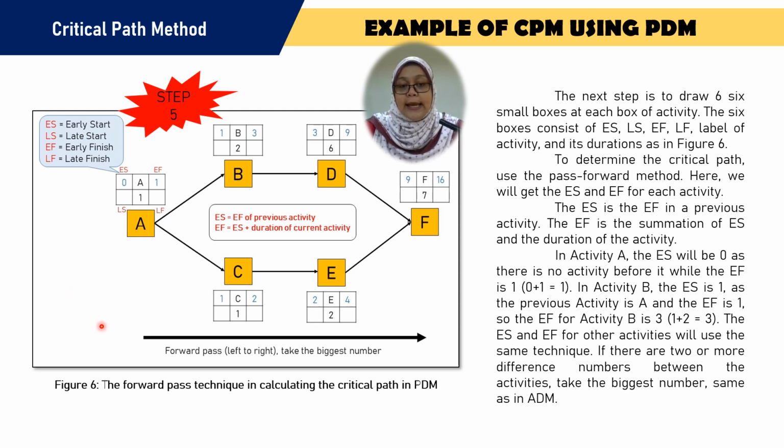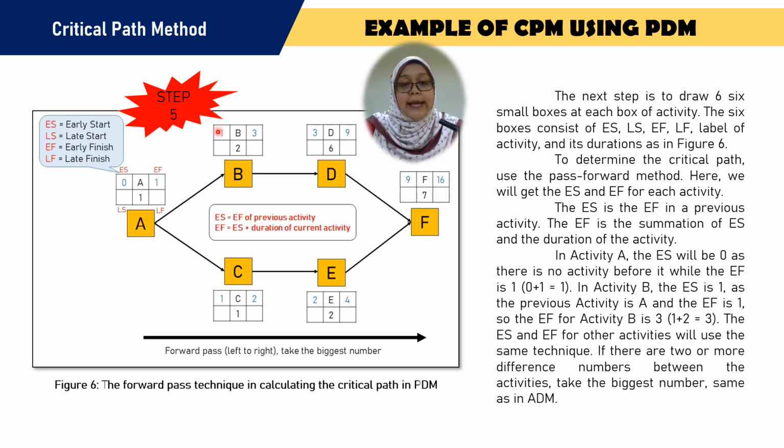So how do we calculate? ES is equal to EF of the previous activity, and EF is equal to ES plus the duration of the current activity. We can see at activity A, the EF equals ES plus the duration of the current activity, which is 1.